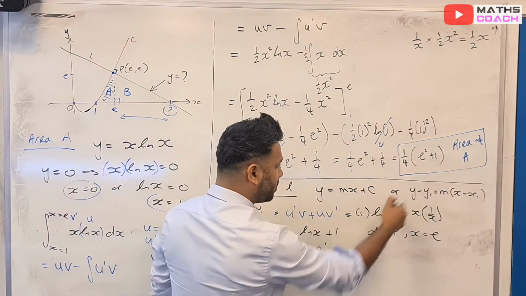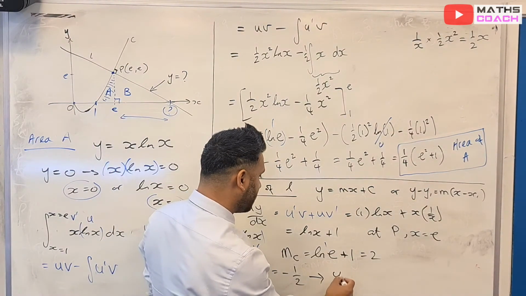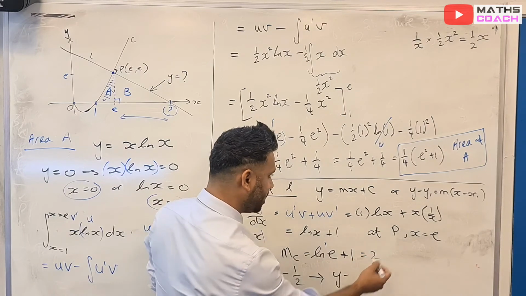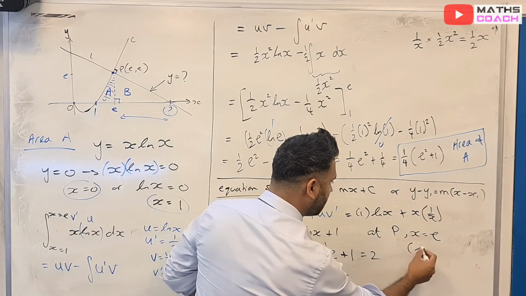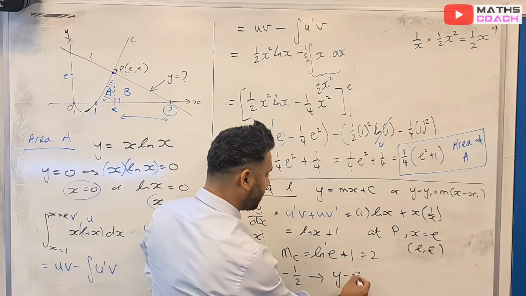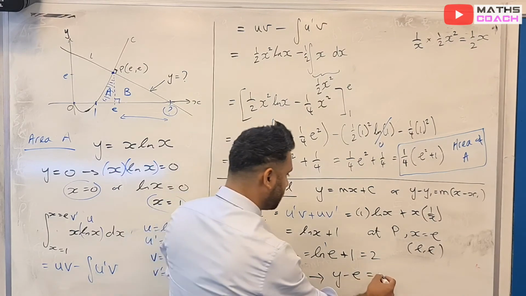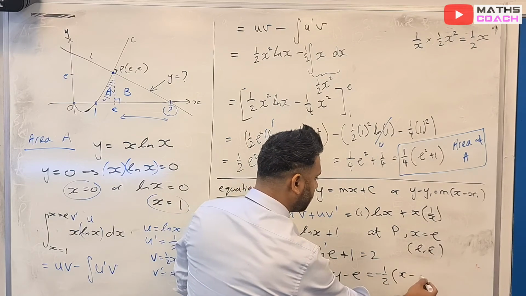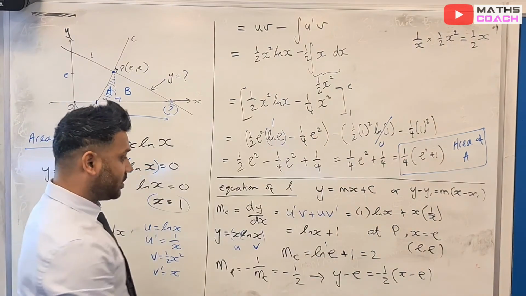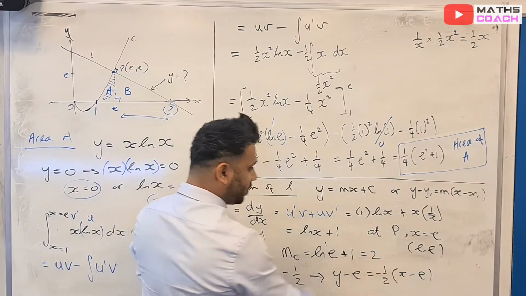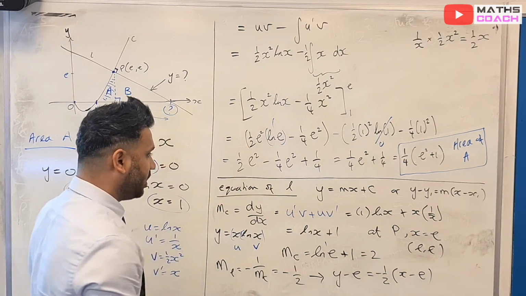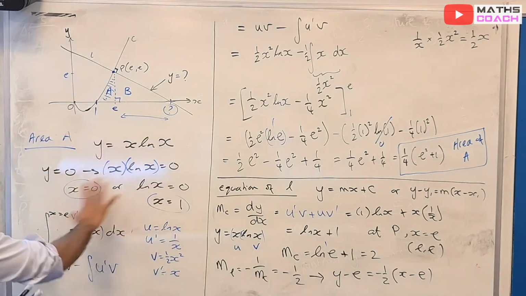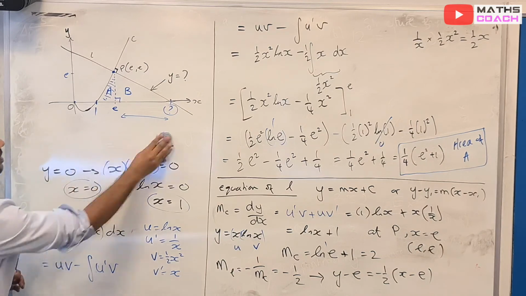So if we use the second version, y minus y1, where the coordinate of P is e, so y1 is e, equals the gradient, which is minus a half, bracket x minus x1, which is also e. Right, so now that we have a version of the equation of line L, for space, I'm just going to rub this bit off, as this bit is not needed anymore.